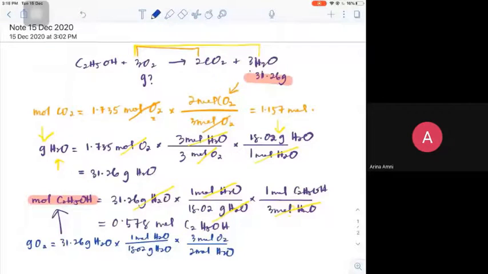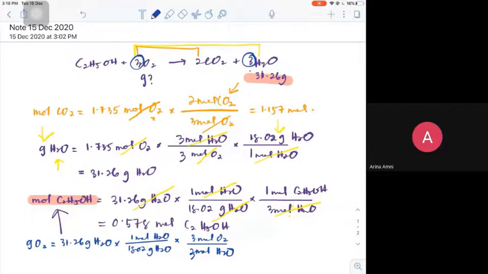How do you get this? Am I right? 3 O2, 2 H2O. From the ratio. 3 to 3 kan? Okay, 3 mole oxygen, 3 mole H2O from this mole ratio.